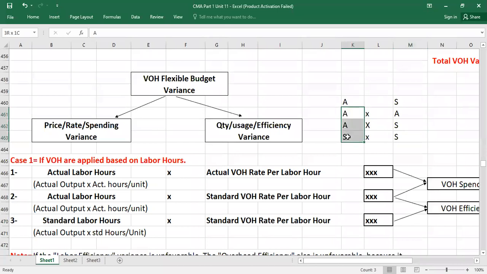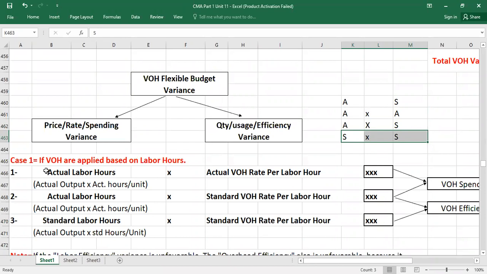First column represents hours and second column will represent the rate. For example, if you look here, it is actual hours times actual rate. Second line is actual hours times standard rate, and the third line is standard hours times standard rate for variable overhead. So these three lines are written here.